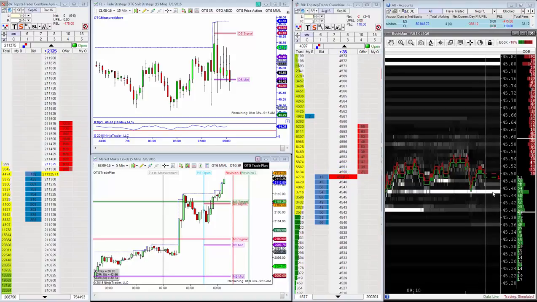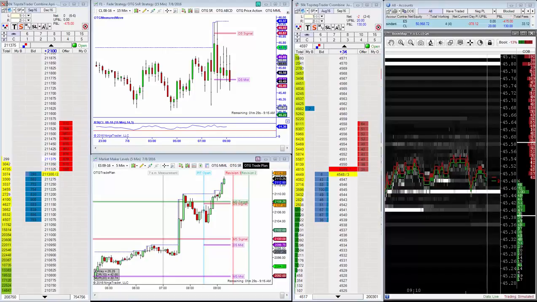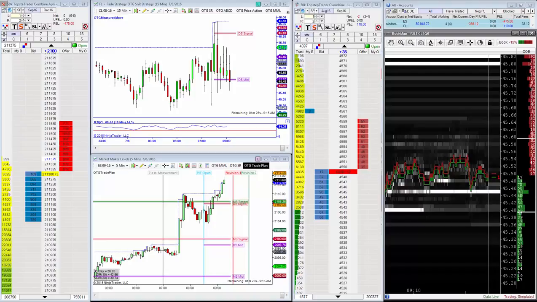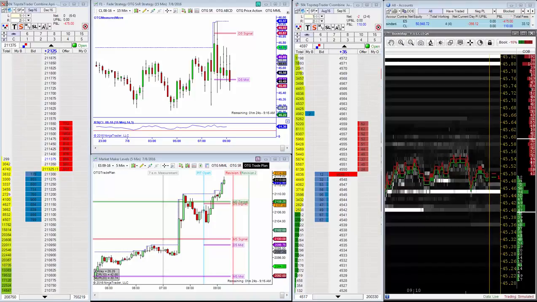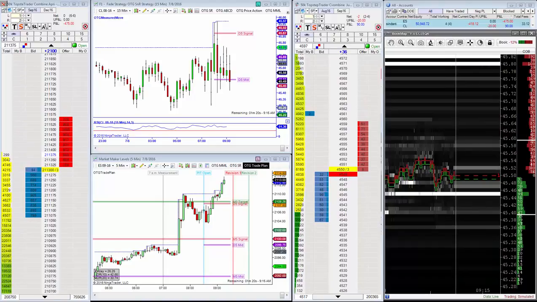Well, all right, you got a line of liquidity at 45 that we need to get through. That's right one tick ahead of the revision signal at 44.